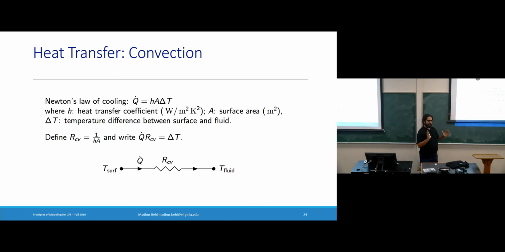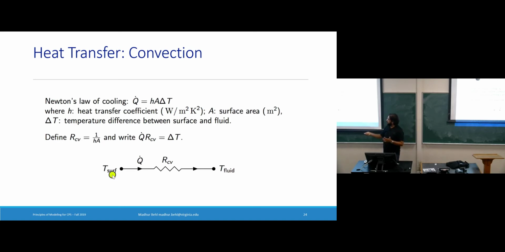So all we need to define is the cross-section over which convection occurs and the property of the fluid through which it occurs. And I'm telling you right now that in this course, the fluid that we will always deal with is air. There's not going to be any special case. Okay, so it's the same format where you can interpret the resistance as 1 over HA, the inverse of this, to match this generalized resistance definition.